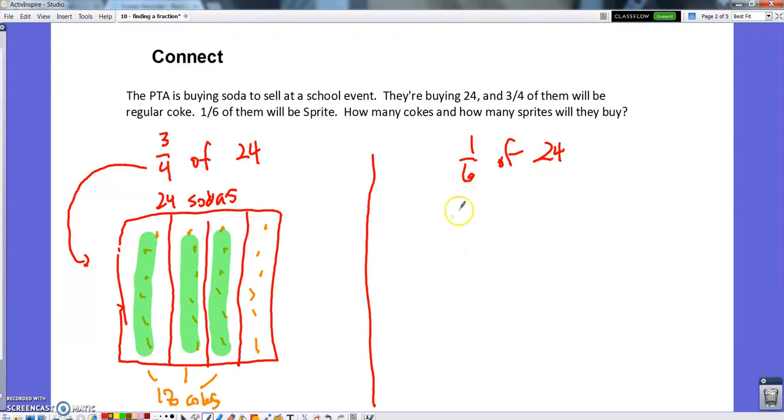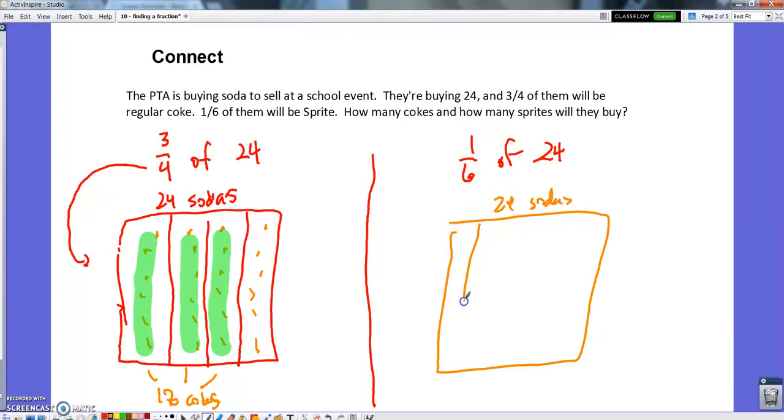And then I did the same thing for the Sprite. I made my group of 24 sodas. This time, since the question asked about sixths, I did sixths instead of fourths. This is sloppy, but it'll work. Let's see, 1, 2, 3, 4, 5, 6. Good.